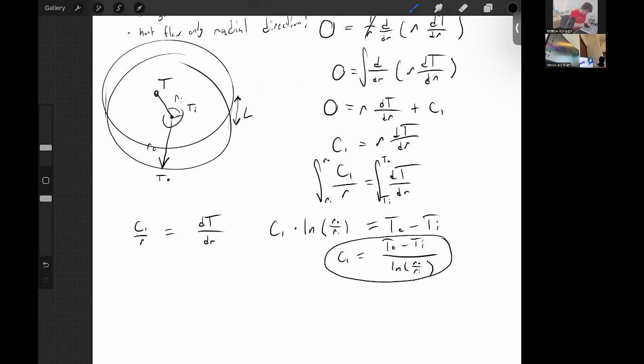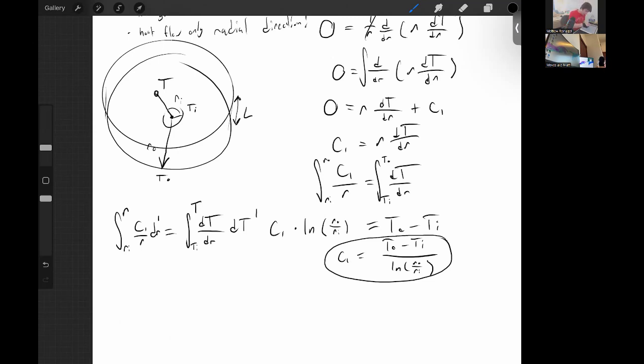I'm going to do the same integration, but there is one big distinction. We're doing this for the inner radius still, and this is the inner temperature. However, this is R and just R, and this is T, and I'm going to put primes at the dR and dT, so that we can get it in terms of T and in terms of R.